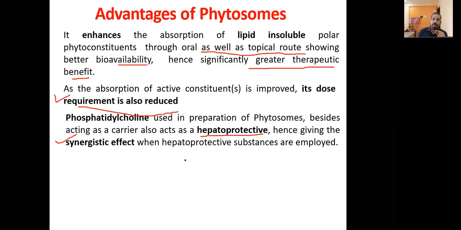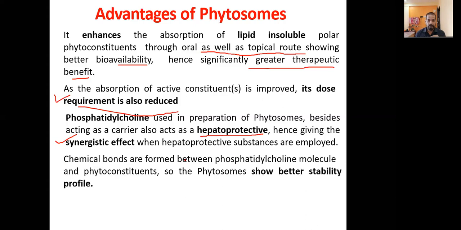So when hepatoprotective drugs are used for hepatoprotective action, a synergistic effect is observed. For example, phosphatidylcholine is already hepatoprotective, and if you prepare a phytosome of a herbal drug having liver protective activity, the synergistic effect of the drug is there. Okay, so this is an advantage of the phytosome.